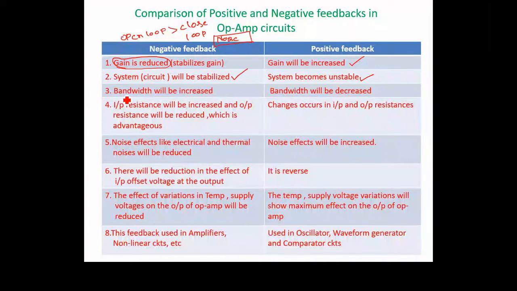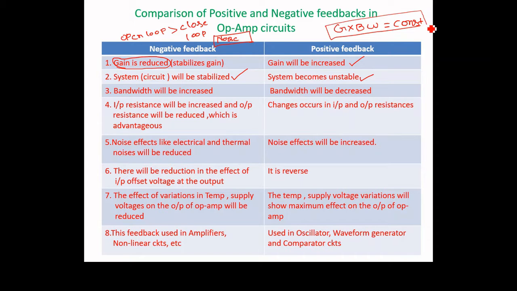The other advantage with the negative feedback, because as we have already seen, the gain bandwidth product is constant. For any device, whether you are operating in open loop or closed loop or whatever the mode, whether it is an inverting or non-inverting amplifier, the gain bandwidth product is always constant.